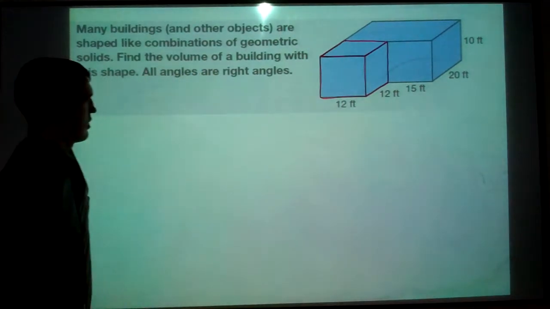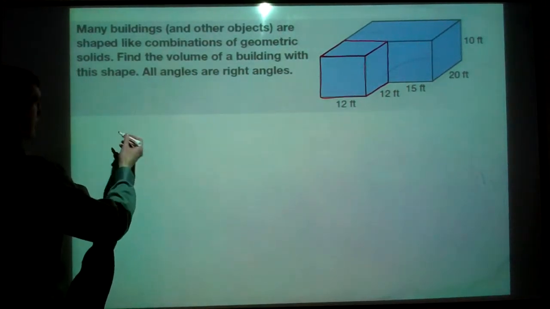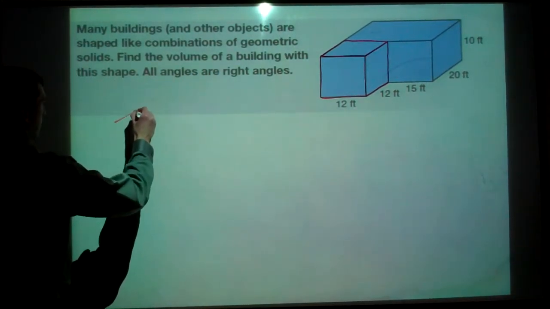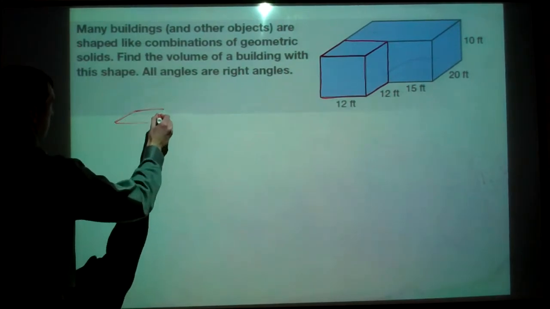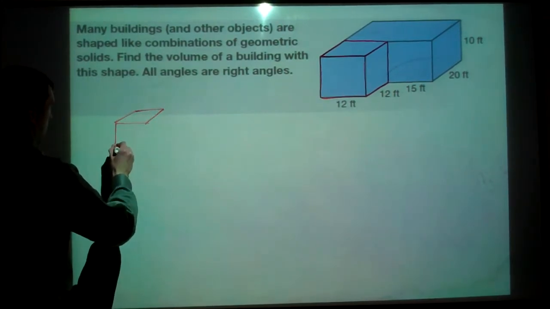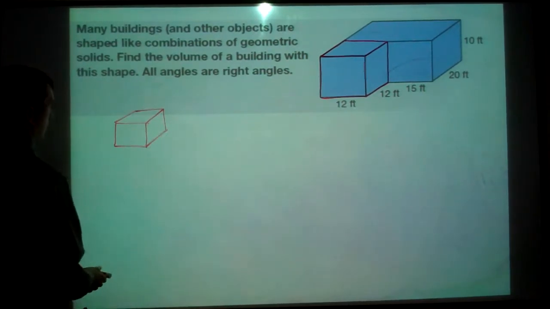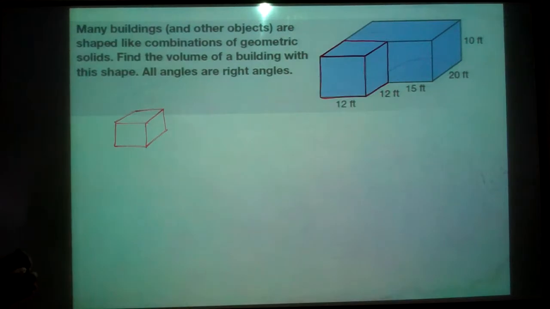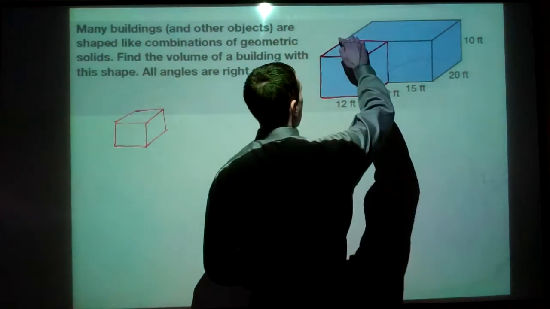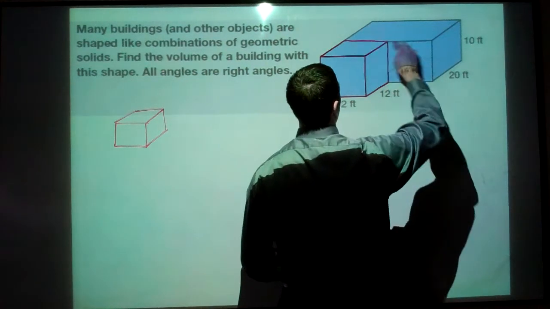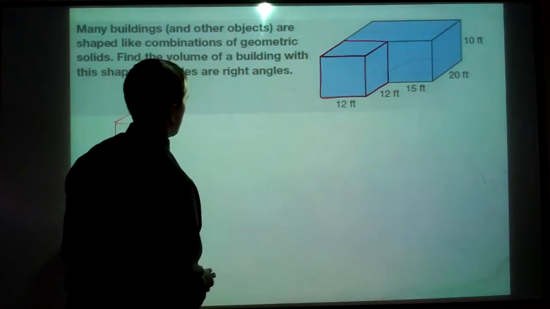So we've got our red cube, or it's not necessarily a cube. We've got our red prism, and we'll figure out that volume. And then we've got our bigger prism, this one right here. So we'll draw that one out too.